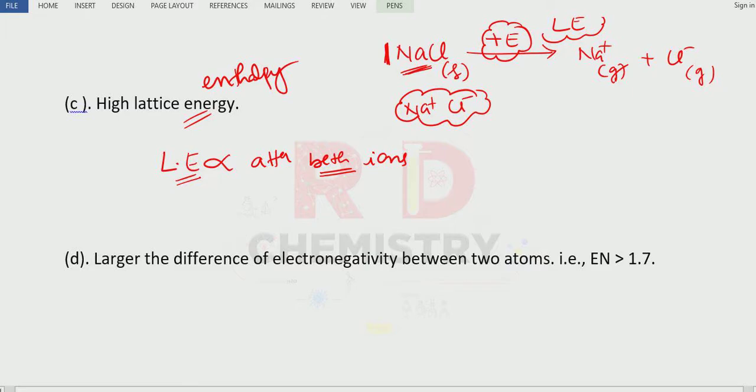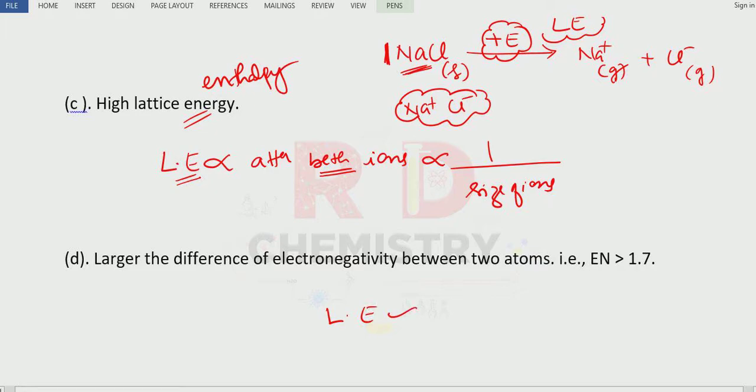Okay. Also, they are inversely proportional to the size of the ion. When the size of the ion decreases, atoms or ions come closer, and lattice enthalpy also increases. Now how to calculate lattice enthalpy?